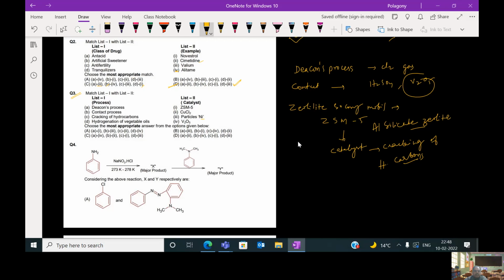Now the correct options: for Deacon's process, chlorine gas, we use cupric chloride as catalyst, which is the second option. The contact process with vanadium is the fourth option. Cracking of hydrocarbons is the first option, and hydrogenation of vegetable oil is the third option. So D is the most appropriate one. Right, let us move to the fourth question.